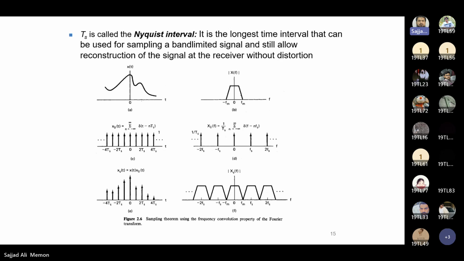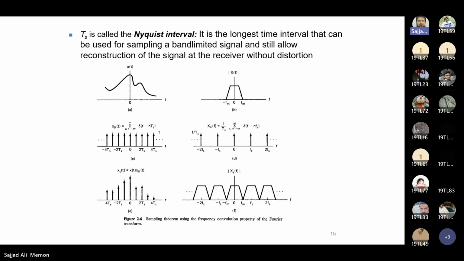So the difference between two samples is called your T_s, that is the sampling interval or the Nyquist interval, and this is 0 to T_s, 2T_s, 3T_s, and 4T_s. So in between we have one T_s.